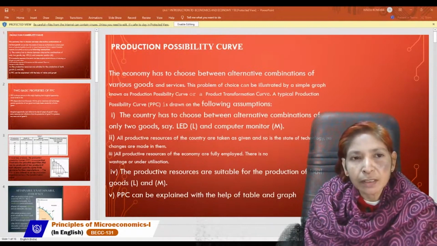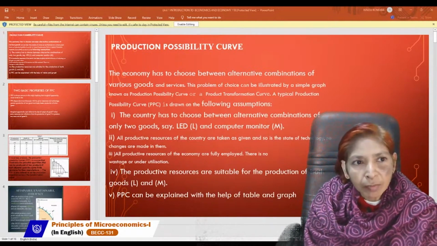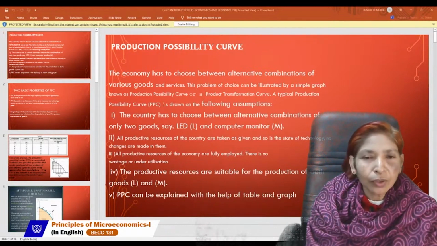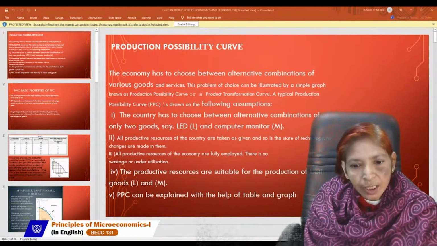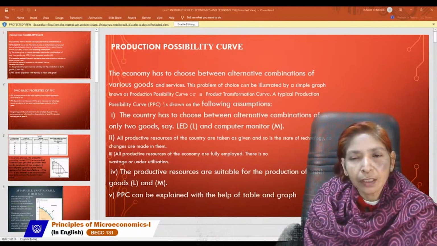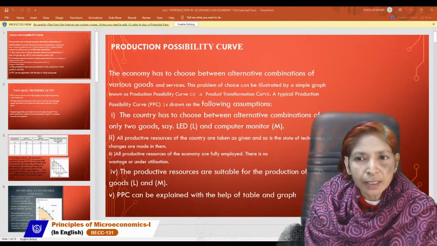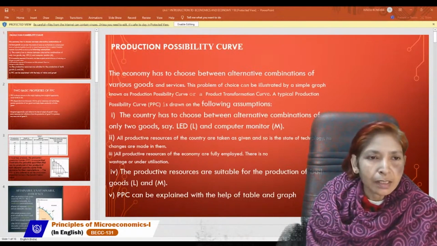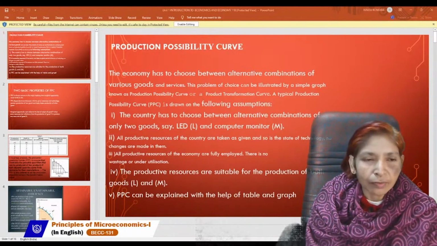What does microeconomics teach? Microeconomics generally deals with individual units of the economy, and macroeconomics deals with whole units of the economy. Whole units means large units or aggregates, and individual means single or small units of the economy.